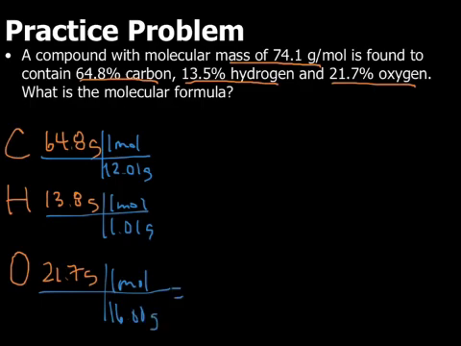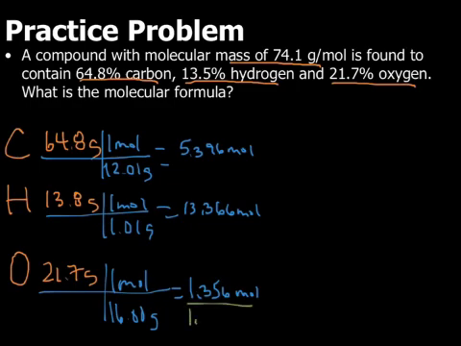When I calculate that out, for carbon I get 5.396 moles, hydrogen 13.366 moles, and oxygen 1.356 moles. At this step, we divide by the smallest number because we're looking for the lowest whole number ratio. Oxygen is my smallest, so I'm going to divide everything by 1.356.